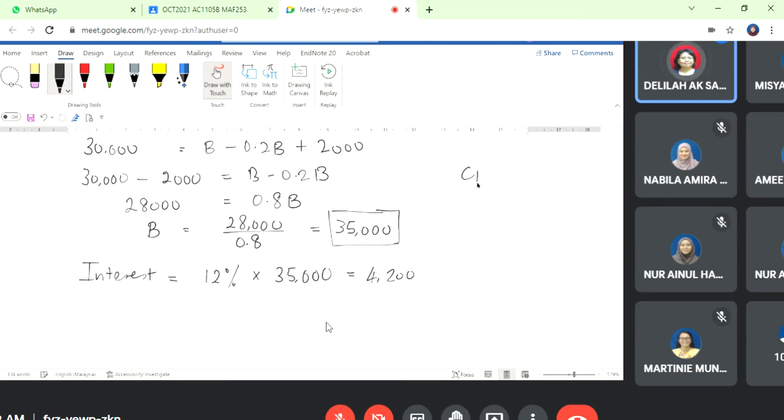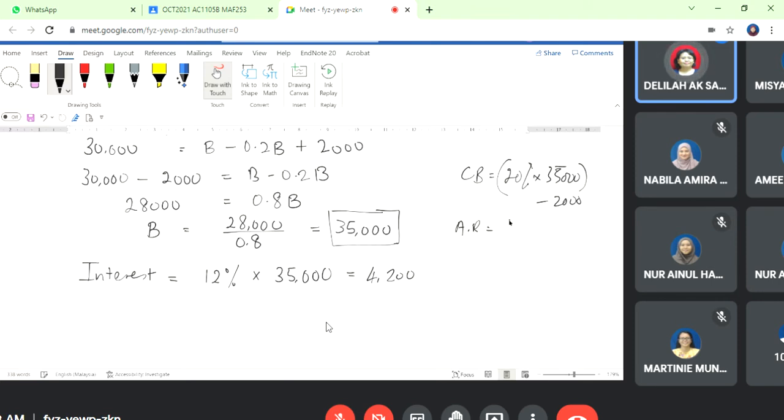Okay, maknanya you kira balik compensating balance to 20% times 35,000 tolak dengan 2,000 yang dah ada dalam bank. And then after that, you calculate the amount received.